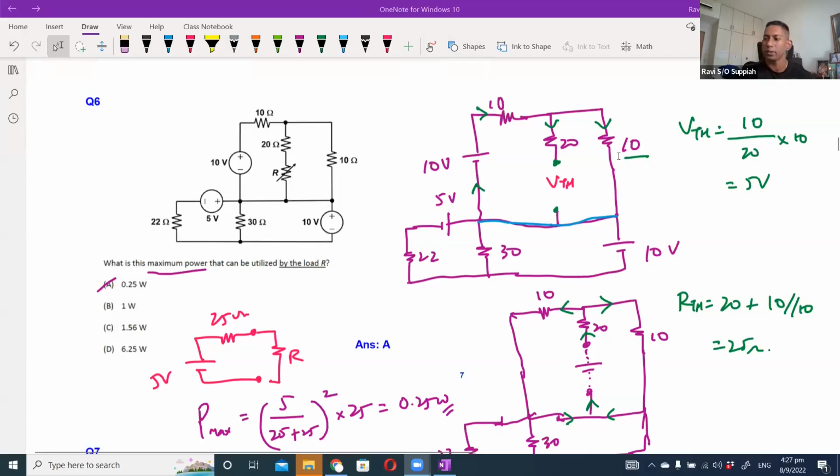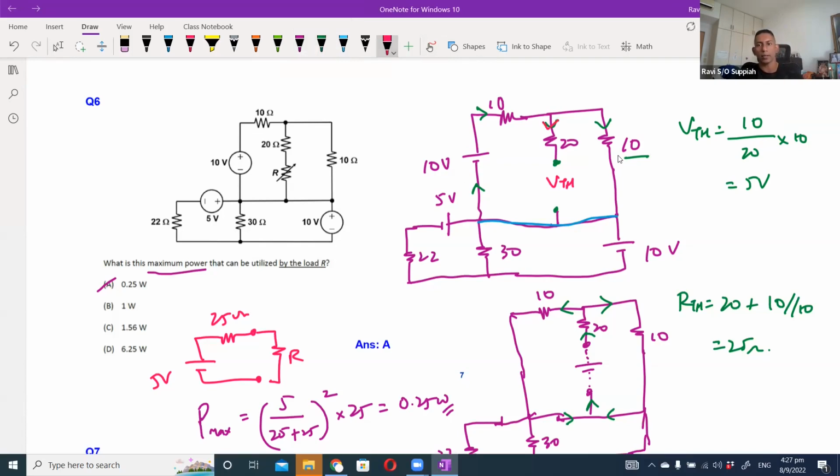Question 6. Why we are able to separate the circuit is because the voltage drop experienced across the load R will only be a result of the current flowing through this branch.